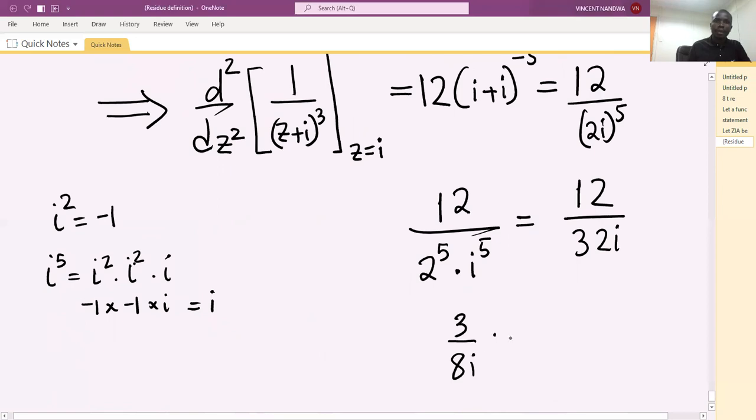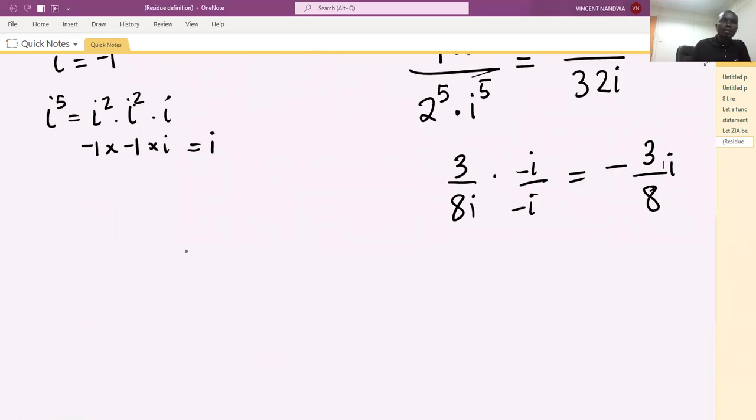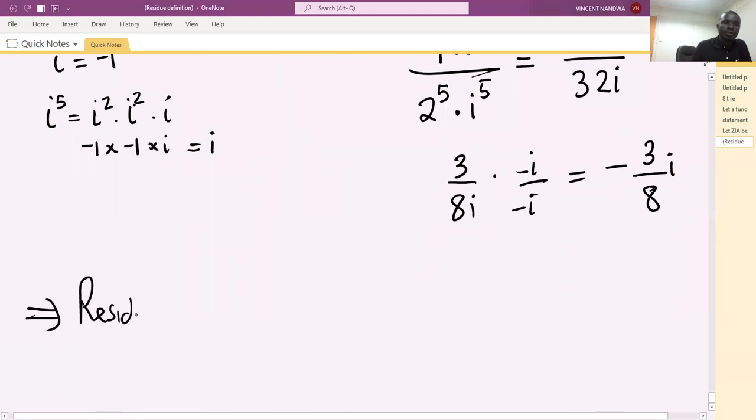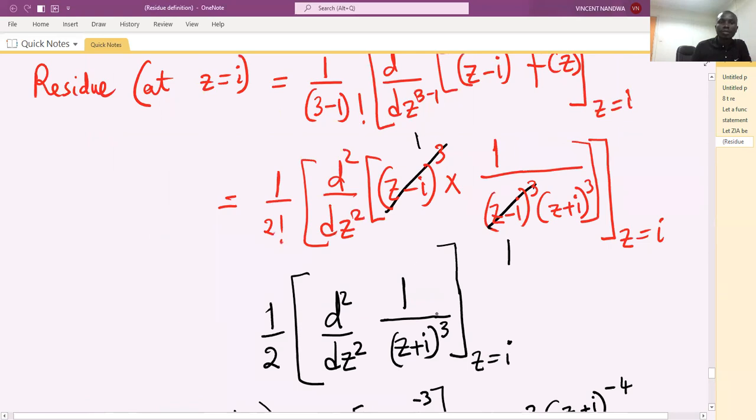But then we can rationalize, we can remove this i from the denominator by multiplying both numerator and denominator by negative i. So that will give us negative 3i over 8. So which means that residue at z equals i is given by, you see from this point, we had 1/2 times this value.